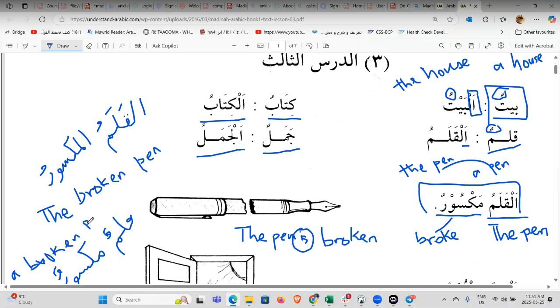You see, by just tweaking where we have the alif lam and where we don't have it, we have different meanings.